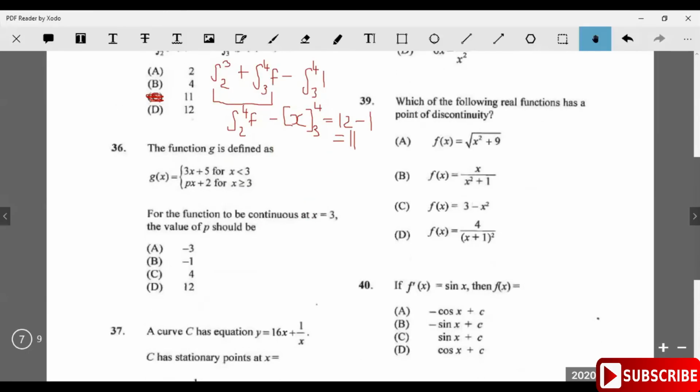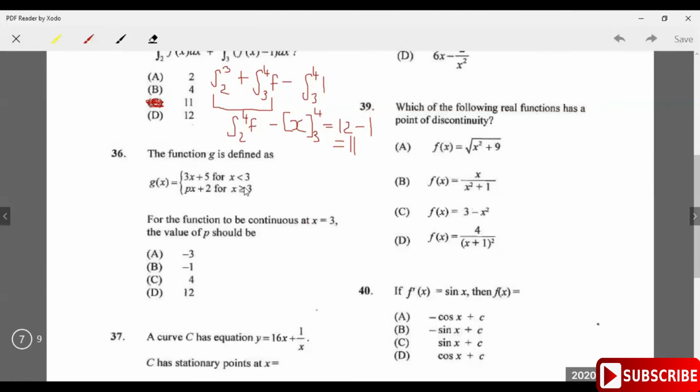Question 36 asks, what is the value of p for when the function is continuous? So the only thing we need to do is put in g of 3, and g of 3 is going to be equal for both the left-hand limit and the right-hand limit. So we just need to work out 3 times 3 plus 5, which is equal to 3p plus 2, since x is 3.